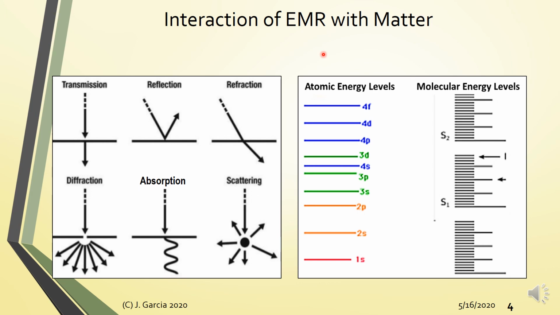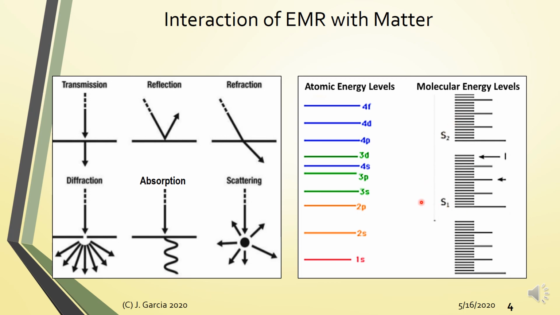In physical chemistry, in quantum chemistry, another way to represent the energy levels of molecules is by using terminologies based on density of states. So you have your singlet 1, singlet 2, you have your triplet states.